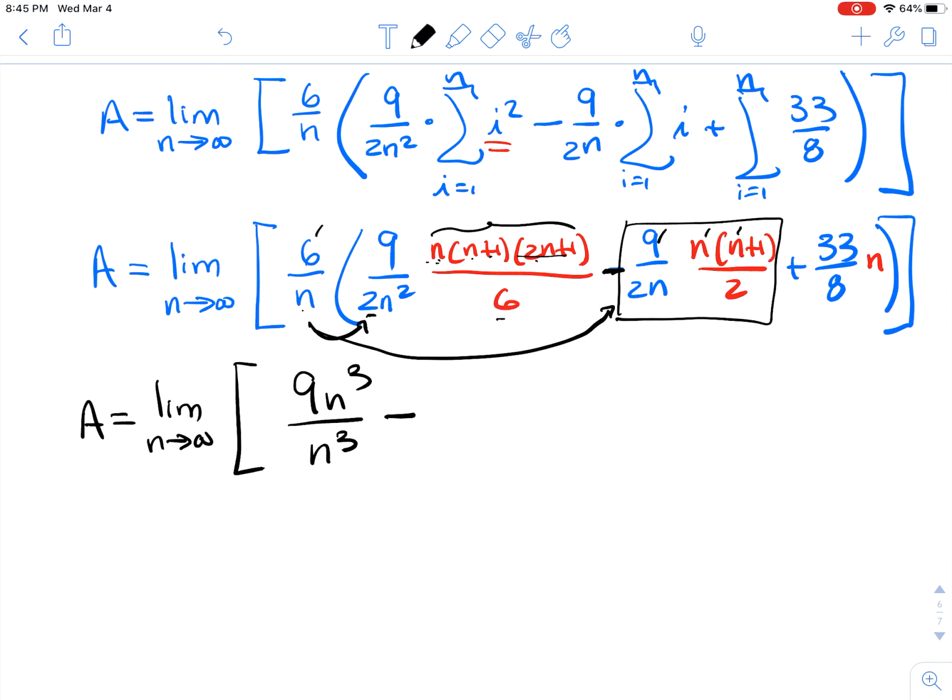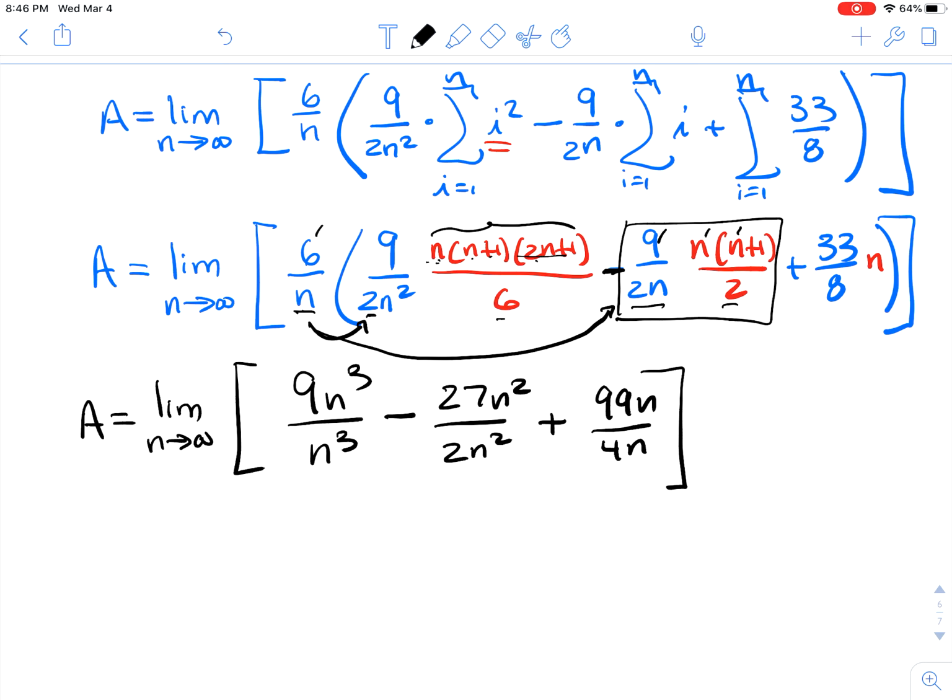So that's 54n squared. The denominator would be 2 times 2n, which is 4n, times the n from outside, that's 4n squared. And then we can simplify this and we get 27n squared over 2n squared. And then the last term would become 99n over 4n. So you can do that algebra yourself. It's just distributive property and simplifying.